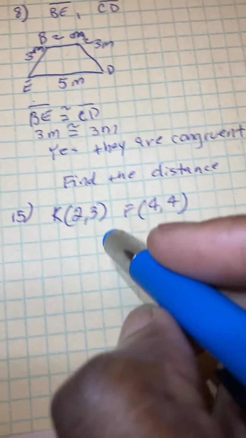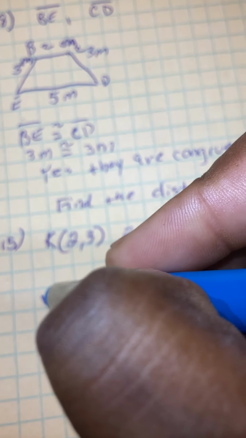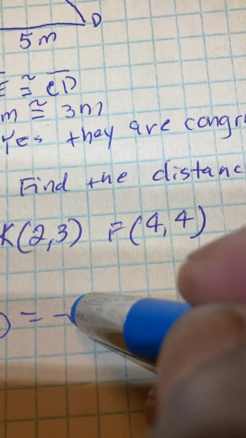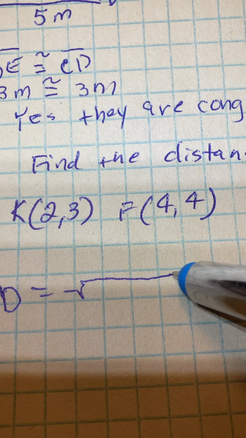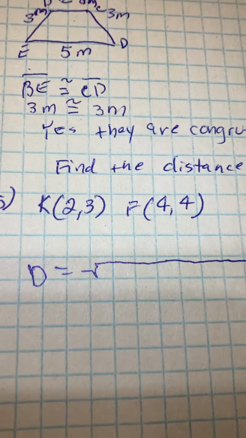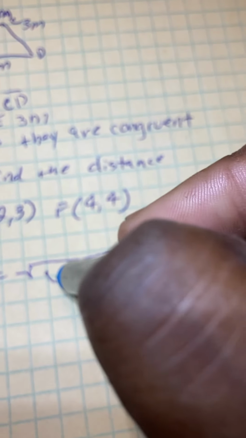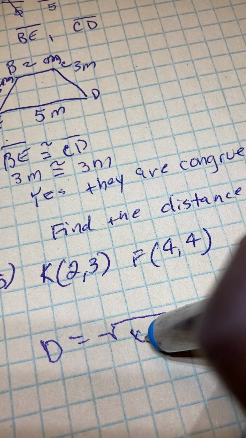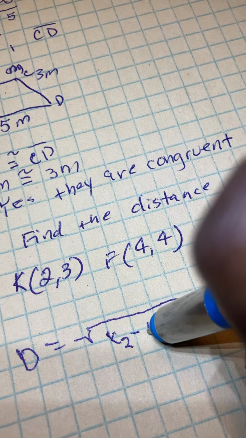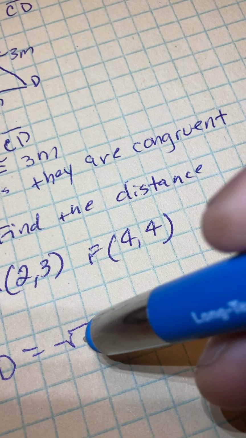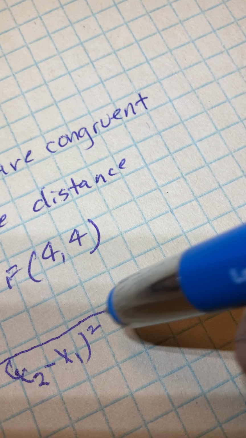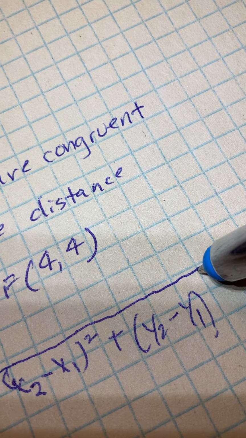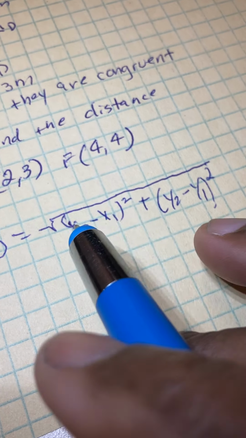To find the distance between 2 points, you need to use the distance formula, which is D is equal to the square root of x2 minus x1 squared plus y2 minus y1 squared. That's the distance formula right there. That's the formula you use.